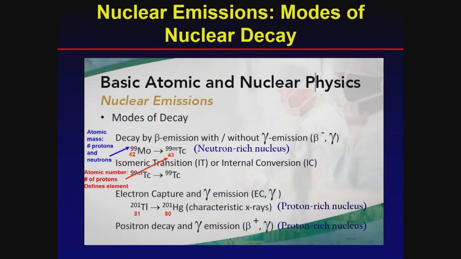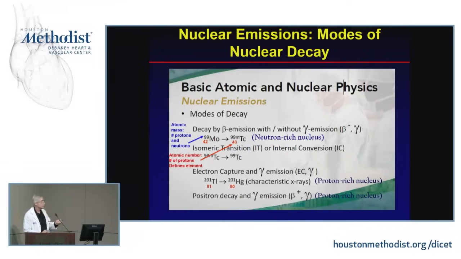Okay. So these are some of the basics of nuclear physics. First of all, there are different ways in which we get decay. We can get decay by beta emission, and that's usually in neutron-rich nuclei. So what happens is when you emit a beta particle, which is negatively charged, from an atom, now you go from a neutron-rich to a proton-rich nucleus, right?